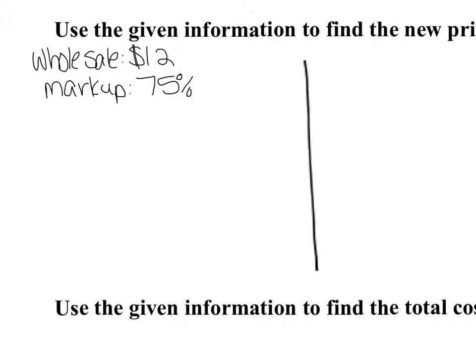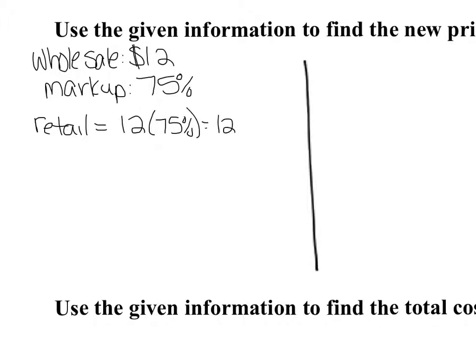Okay, so let's use both of those formulas. So for the first one, this is retail. Now they gave me the wholesale, and if it's a markup, I'm going to use that retail formula. So to find my retail, I need to find what that markup dollar value is going to be. So I need to find out what 75% of $12 is.